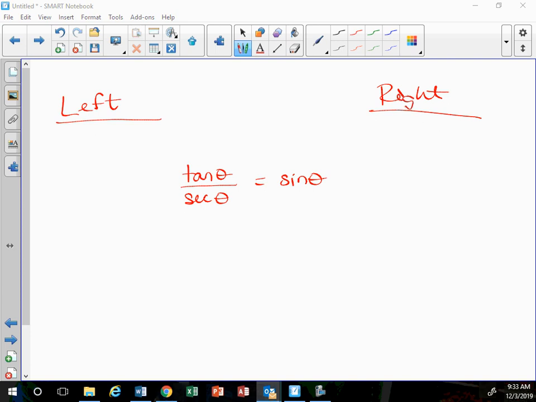This one is much easier than the one we just did, okay? No factoring involved.